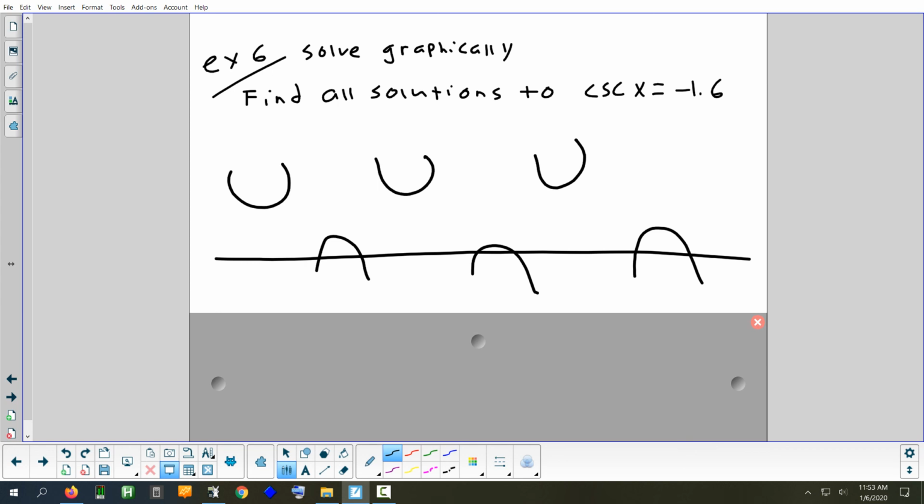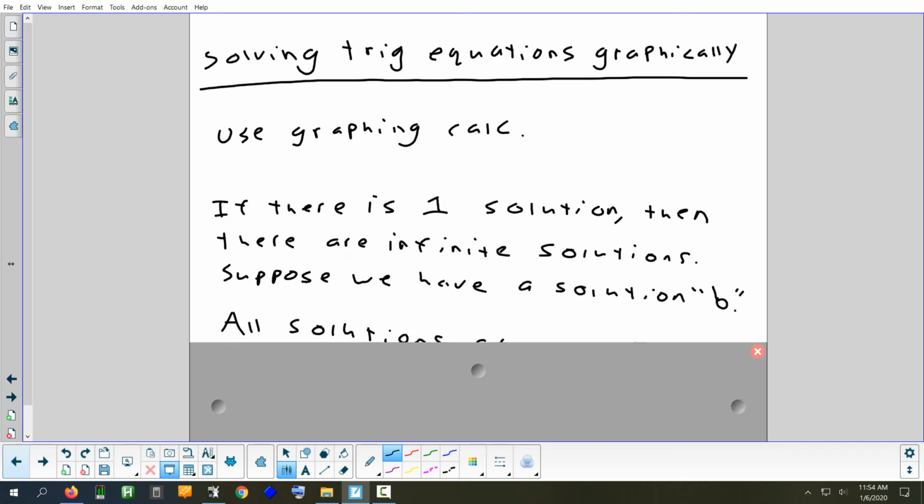In this case, 2 times per period. So what you have to do is just make sure when you look at it on the screen, don't just tell me this answer and this answer. Tell me this answer, and then tell me that it keeps repeating itself. Tell me this answer, and then tell me that it keeps repeating itself. Okay? So what you have to do for that is put the plus period times n.